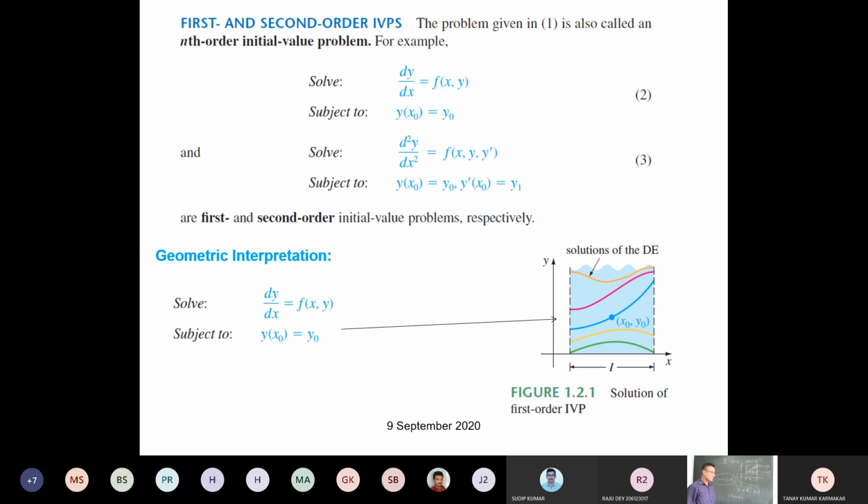This is what you are going to get in all initial value problems. They are always going to talk about a rectangular region R. Fine. So this is how it appears. Is it okay?